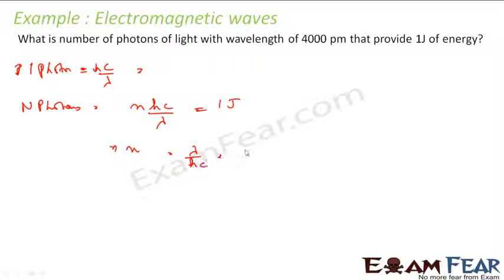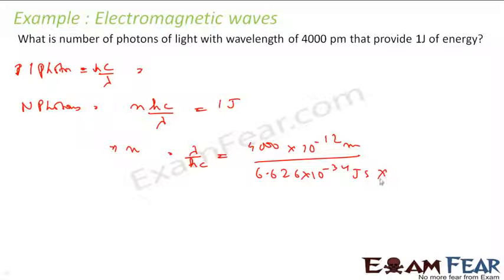Let's put the values. 4,000 picometer: 1 picometer is 10 to the power minus 12 meter, so I just convert into meter. h is Planck's constant, 6.626 into 10 to the power minus 34 joule second, and c is the speed of light, 3 into 10 to the power 8 meter per second. So if you solve this, you get 2.012 into 10 to the power 16. That is the number of photons required to produce 1 joule of energy.